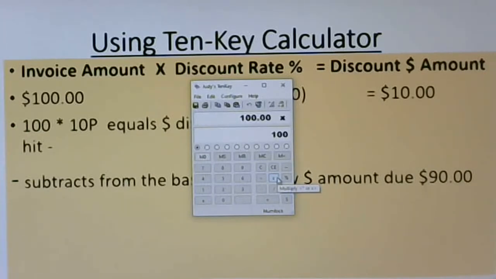So let me do that again. $100 times 10p for percent automatically gives me the savings amount, the discount amount of $10. If I hit the minus sign, it subtracts the $10 from the 100 to give my new amount due of $90. I'm going to pay $90.